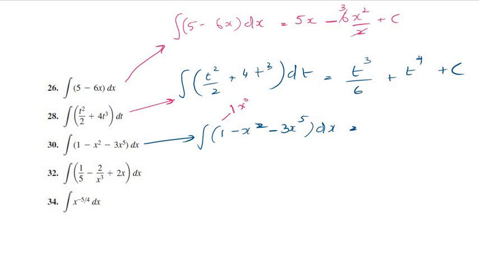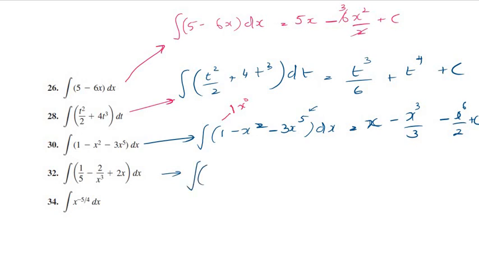So we write this as x, because for 1 times x to the power 0, when you add 1 you get an x here, and then minus, add 1 and divide by 3, x to the power 3 divided by 3 minus x to the power 6 divided by 2 plus c. So here you have to remember, you add 1 and divide by it. When you add 1 here, you get 6, and divided by 6, you cancel out, so you get 3 here. So let me do this as well.